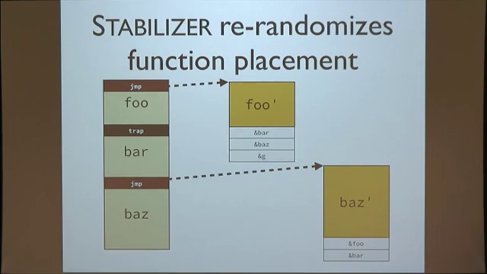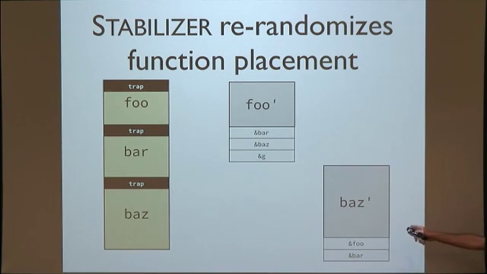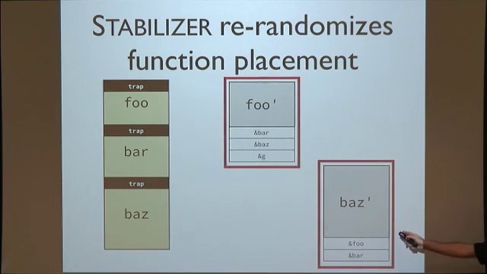So when you're running your program, Stabilizer will actually go ahead and do re-randomization. So re-randomizing for the stack is pretty straightforward. You just do different random pads. For functions, it's a little more subtle. So the timer goes off, and it reinstalls the traps in the original locations. These are the old randomized locations. These have to stay around.